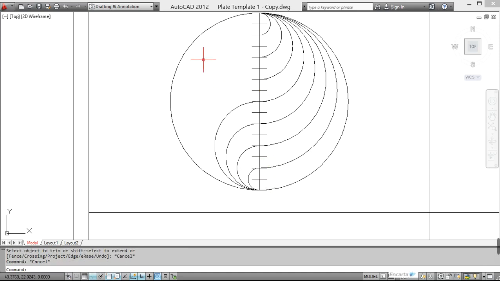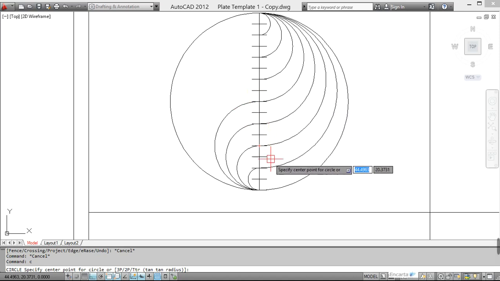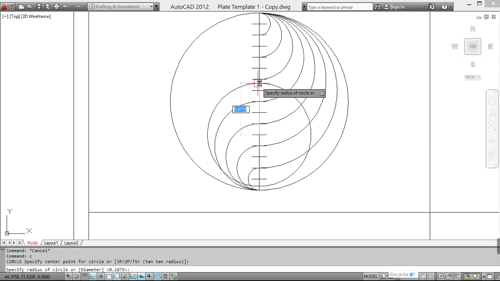Okay, we proceed to this portion. The 4, 5.